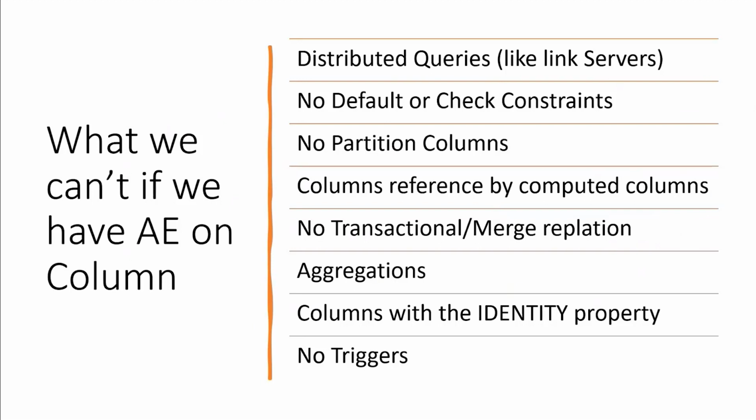Like if you are using distributed queries on the linked server, default constraints, partitioning computed columns, transactional replication, aggregation columns, identity property, or triggers on those columns, please do not apply Always Encrypted on those, because if you apply it, you're going to lose these features.